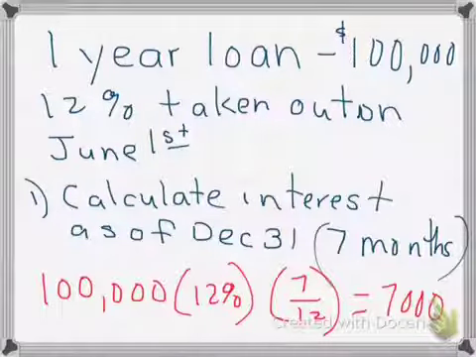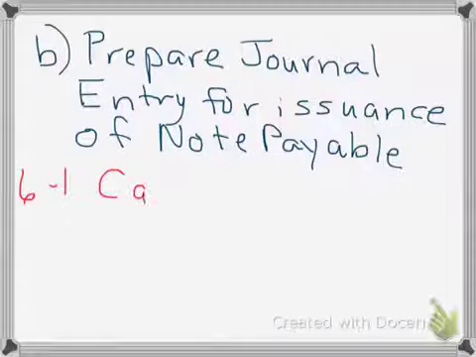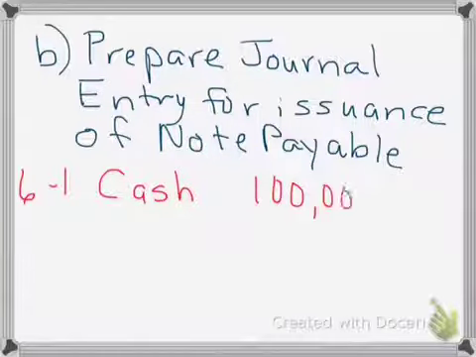The next thing says prepare the journal entry for issuance of that note payable. We have a note payable here. If we owe somebody something, that's because we have gotten money in. So when we issue this on June 1st, you would be getting cash in the amount of $100,000, and the other side is going to be that note payable.